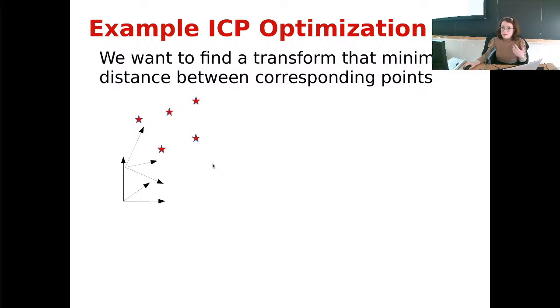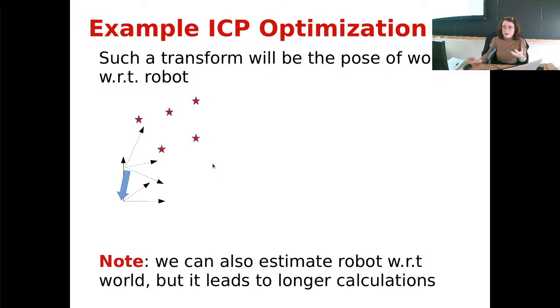This means that we want to find the transform, which is the pose of the world frame with respect to the robot. Saying it differently, we want to find the transformation from the world frame to the robot frame, which minimizes the difference between the points in the world frame to which we apply this transform and the measurements which are in the robot frame.